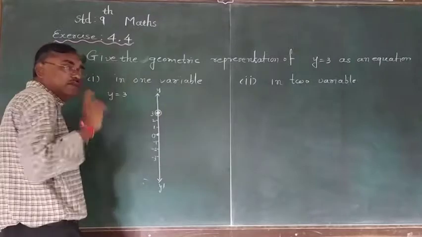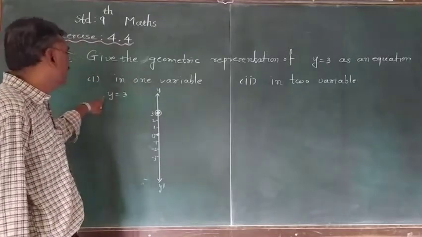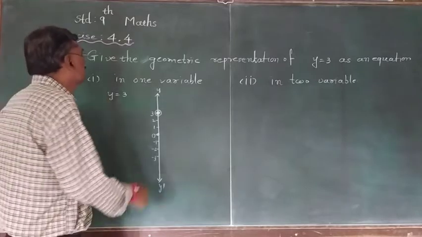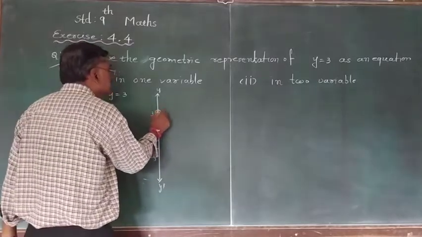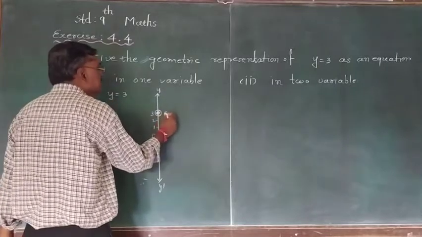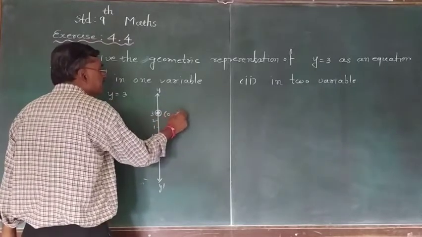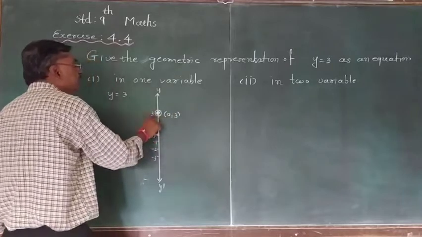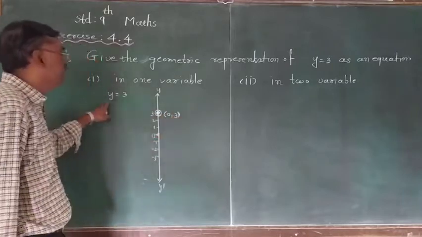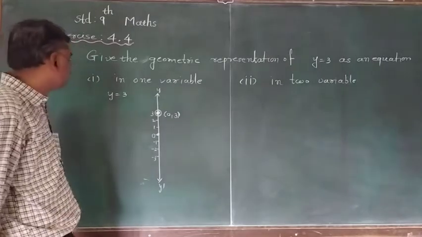We did not draw the x axis because we have only the y variable. So this is the point, the representation of y equal to 3. It means 0, 3: the x coordinate is 0 and the y coordinate is 3.